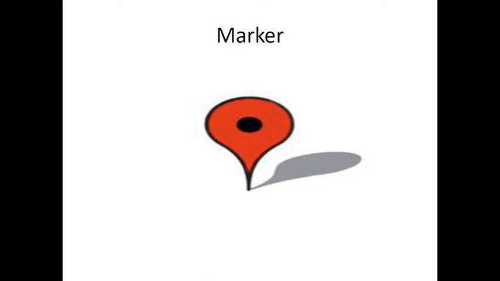Now, what is a marker? Here you can see a pointer, which is easily visible in Google Maps. Why have I shown this pointer? Because when you use Google Maps, you easily get the desired location of your place of interest when you search in the search box, and this pointer shows the exact location on the map.